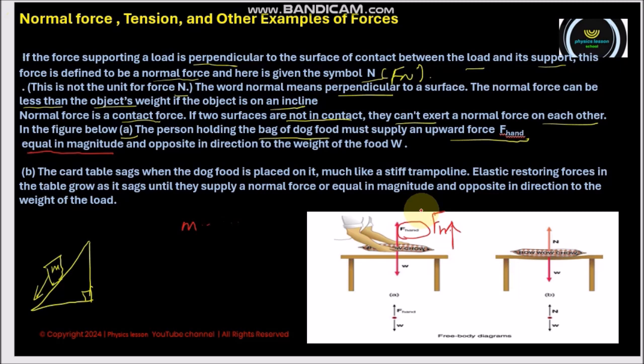So due to its own mass, it has weight, which is given by mass times gravity. So the weight, mass times gravity, is downward, equal in magnitude and opposite in direction to the upward force. This force, we call it the normal force.